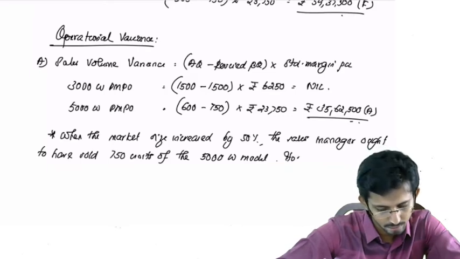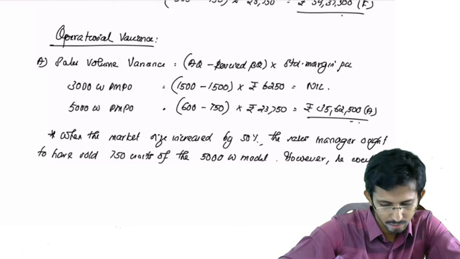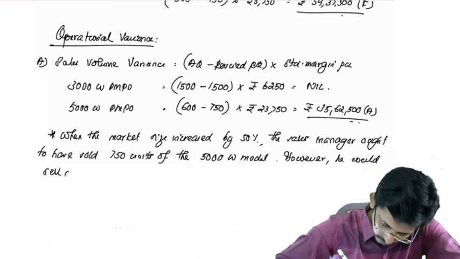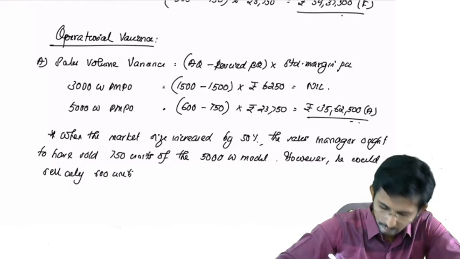However, he could sell only how much? 600 units.